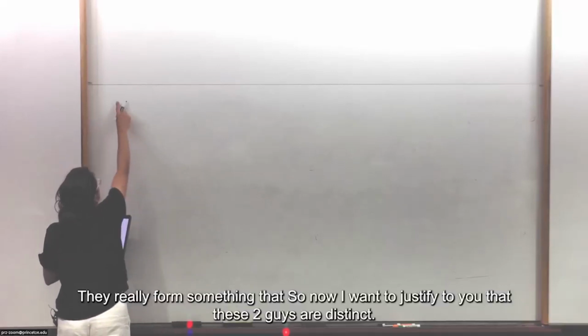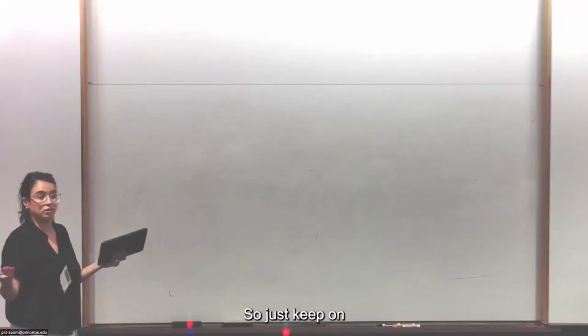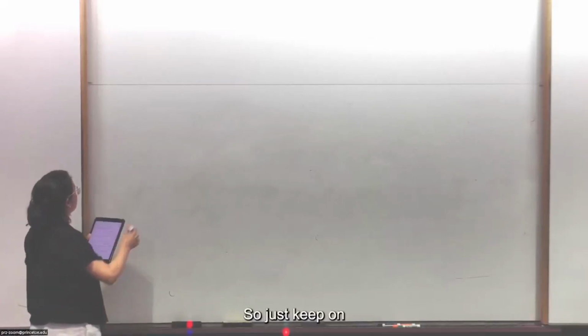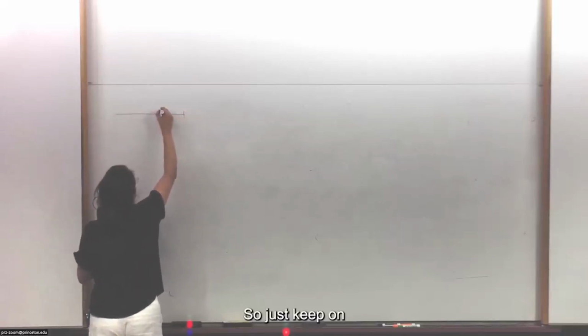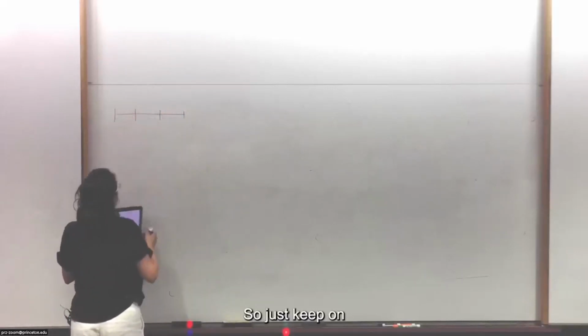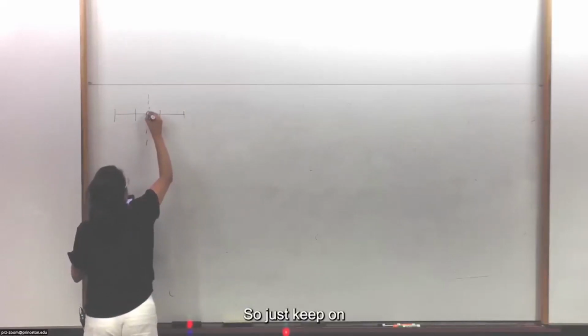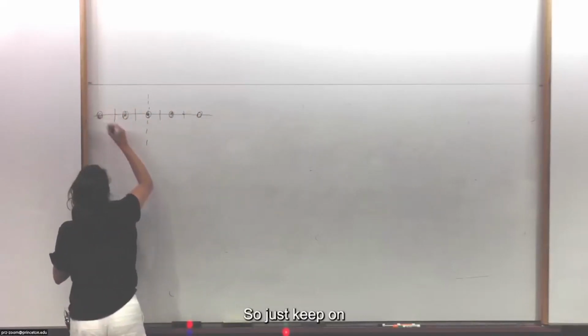So what I can do is show you how the representations of the symmetries work for these particular configurations. I'm going to consider a very simple, very small chain of electrons.